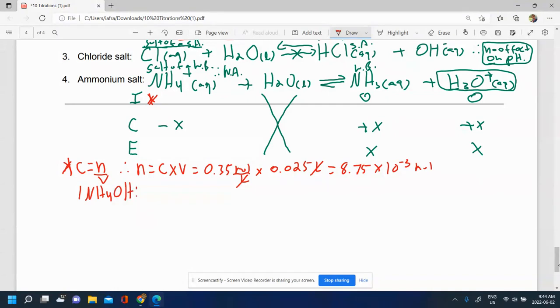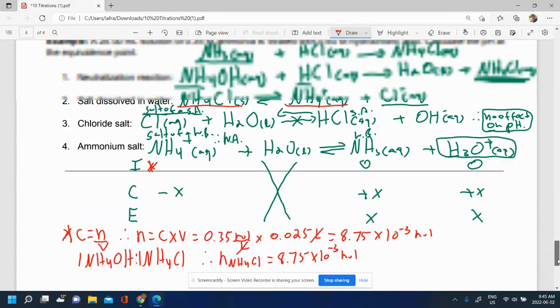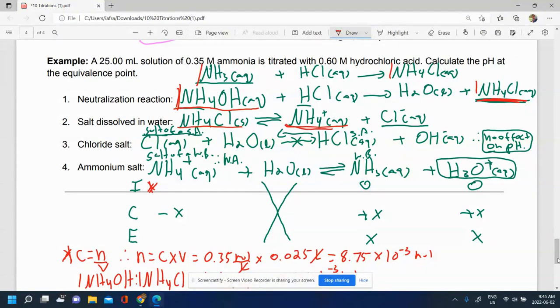So we have a 1 NH4OH to 1 NH4Cl ratio. Therefore, the moles of NH4Cl are 8.75 times 10 to the power of -3 moles. And likewise, if you want to find the moles of NH4 plus, because that's what we care about, not the Cl minus, because that's not affecting our pH, it's a 1-to-1 ratio here too.